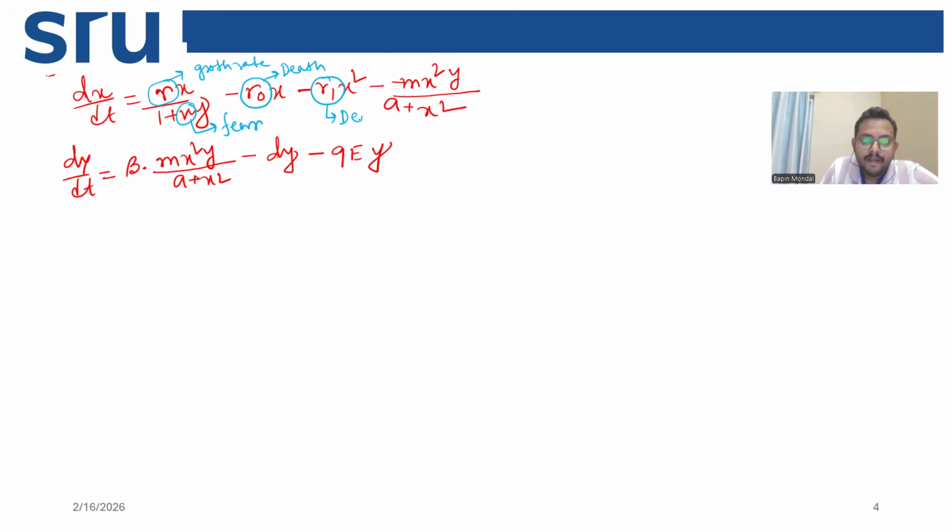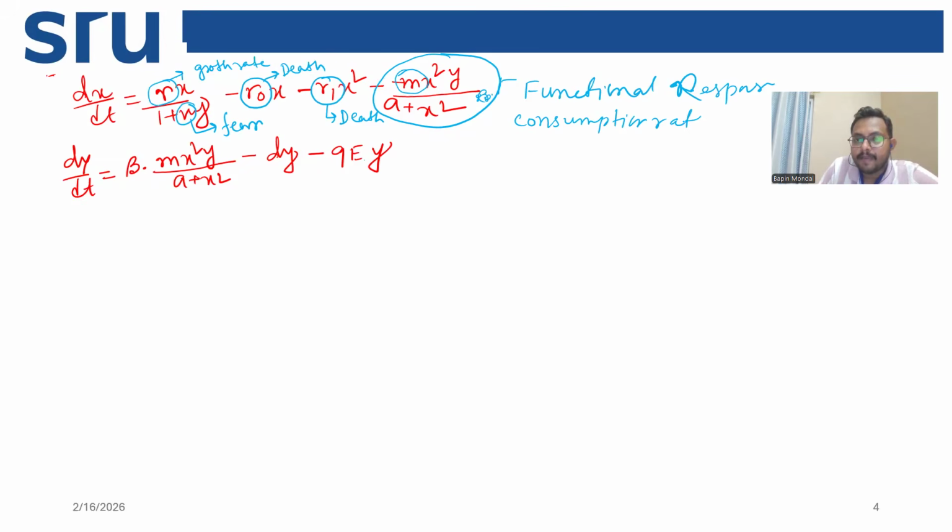This term is known as the functional response, where m is known as the consumption rate, while a is said to be the half saturation constant.